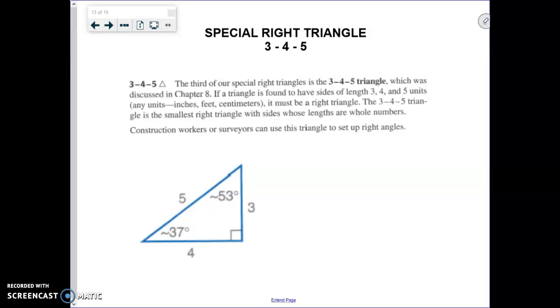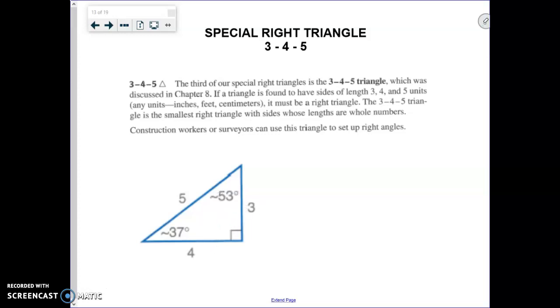And then lastly, 53 degrees is the other angle, approximately 53 degrees. That's larger than the 37 degrees, so it is opposite the longer of the two legs, the 4. So 37 is opposite 3, 53 is opposite 4, and 5 is your hypotenuse.